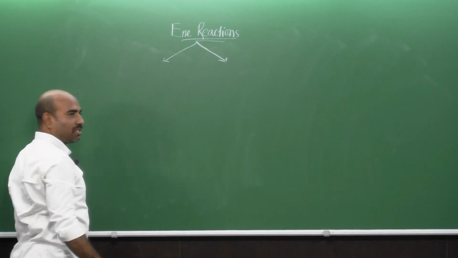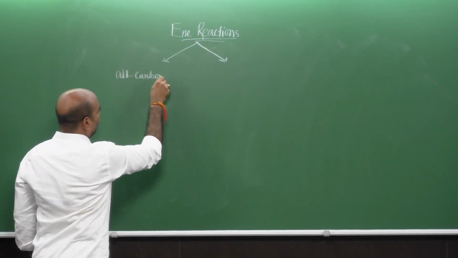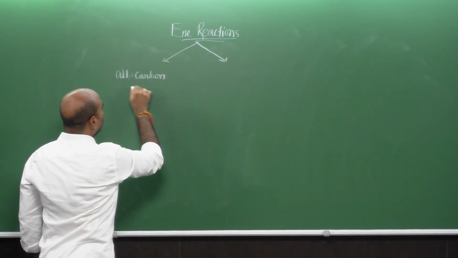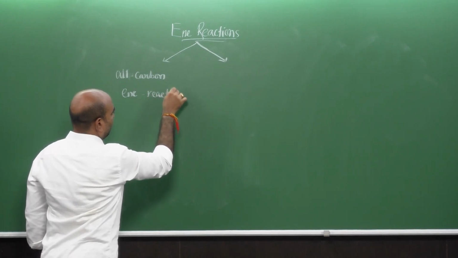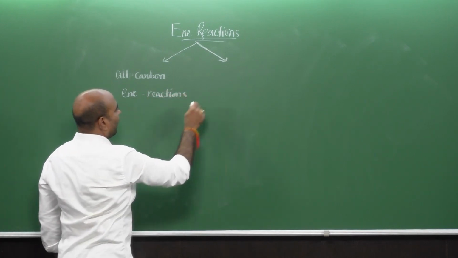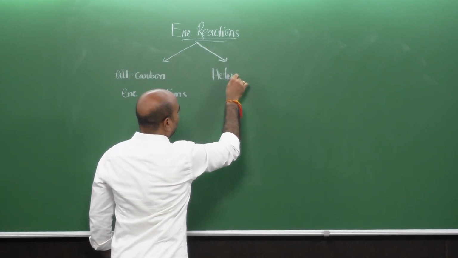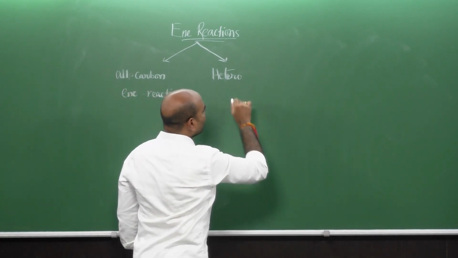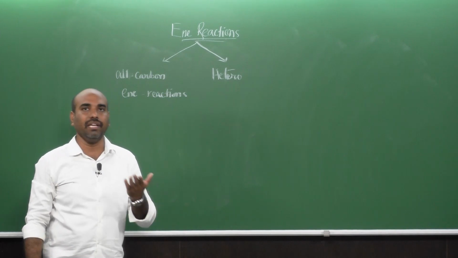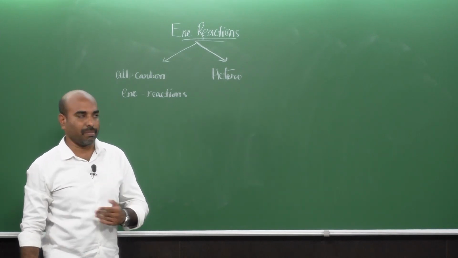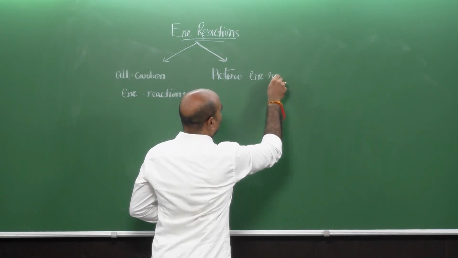See that ene reactions are classified into two types. One is all carbon ene reactions, whereas if the atoms involved in the reaction of either ene or enophile are other than carbon atoms, you can call it a hetero-ene reaction.